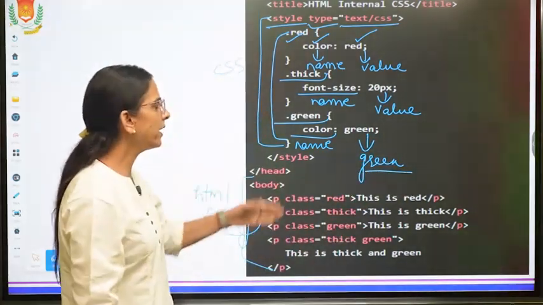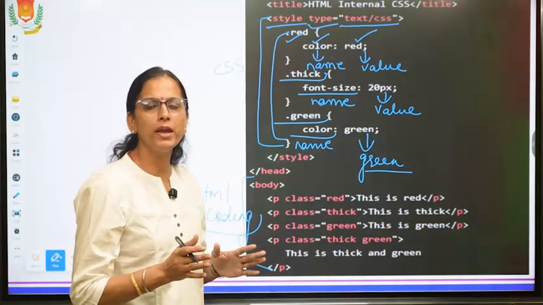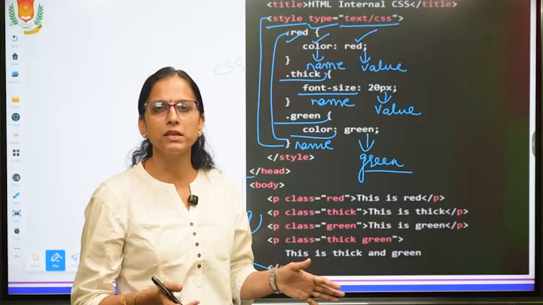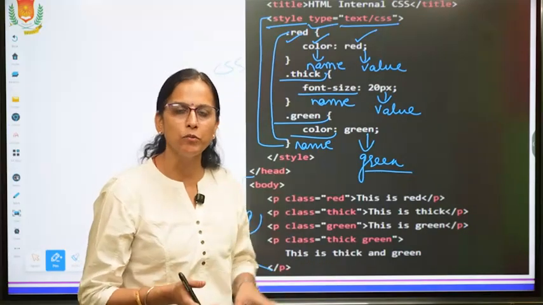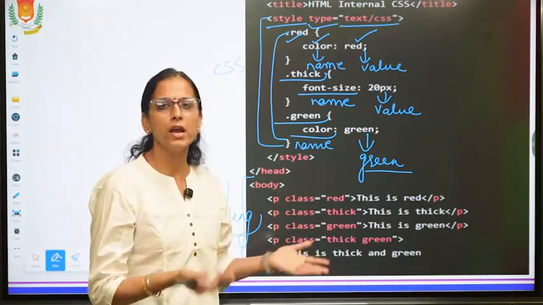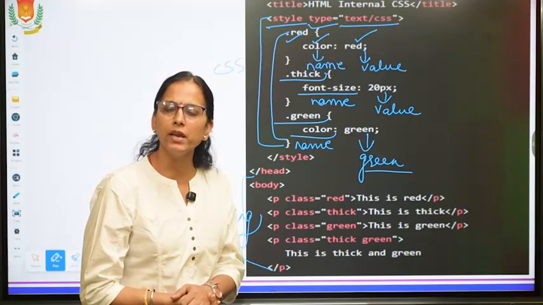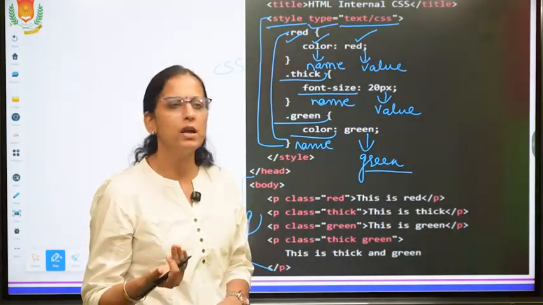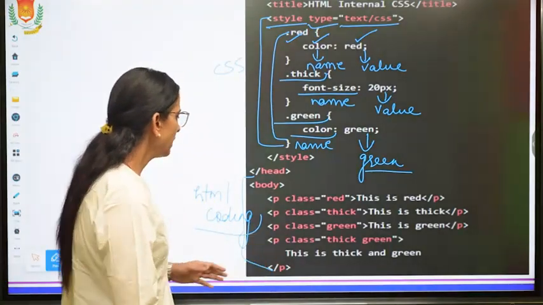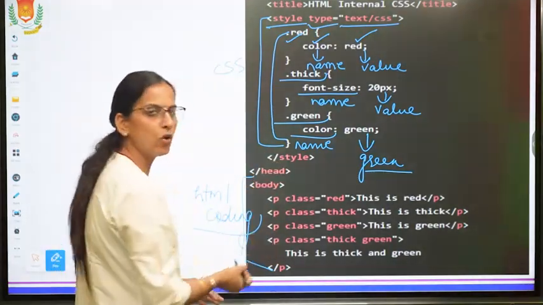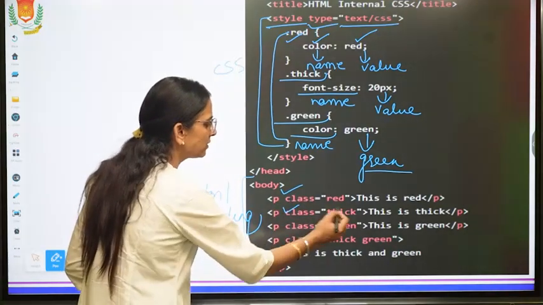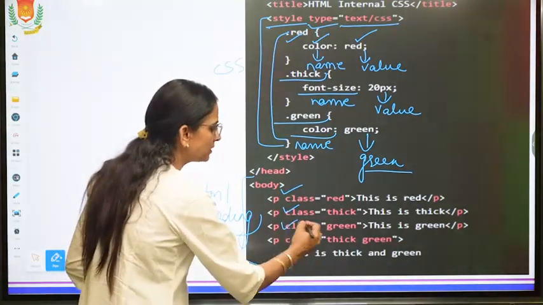Basically things are the same, but here we are defining the cascade style sheet in the same document, and there we created a separate file and called it with the help of the link tag. Now the same calling is done. Class red is called here, class thick is called here, class green is called here.